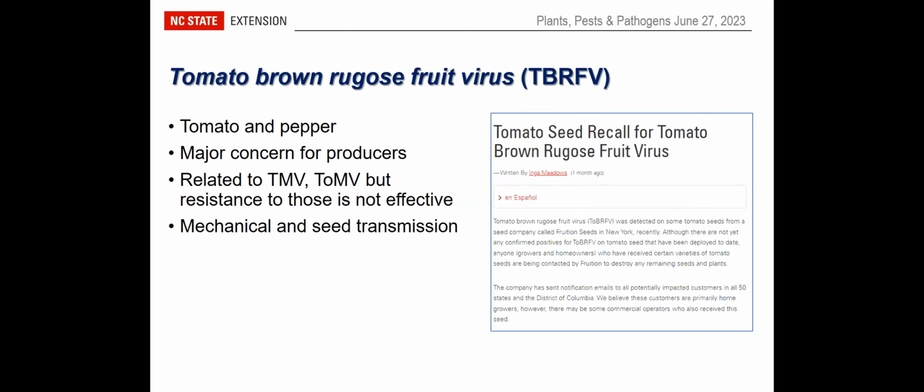It spreads by mechanical and seed transmission, which is why that recall went out on seeds sent out by mail order. You would have been notified by now if you had purchased them. And I will leave it there.